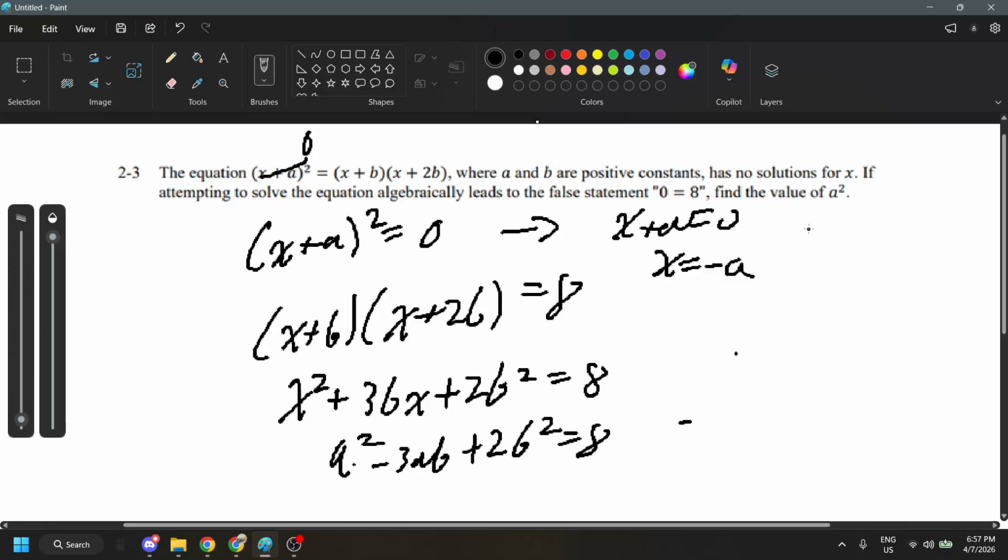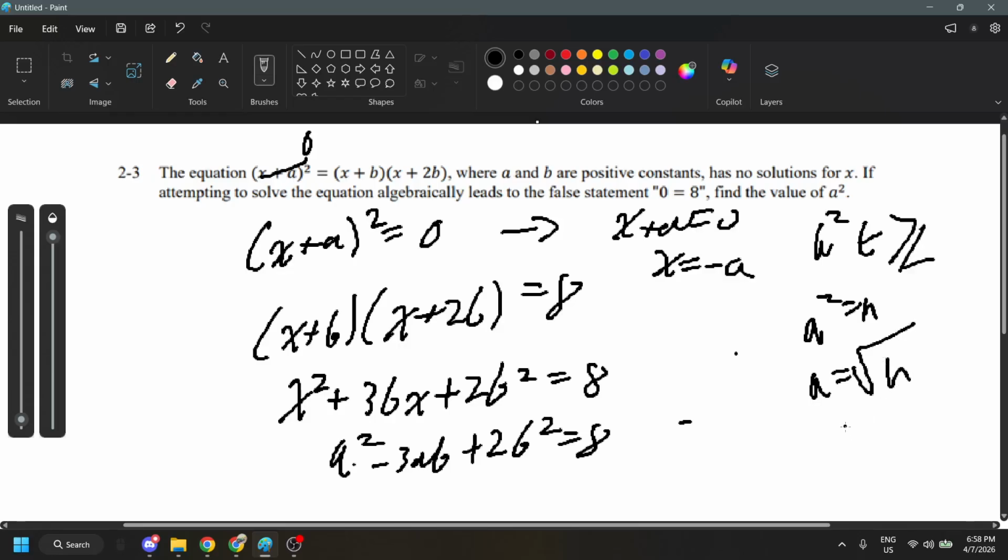I think that's at least telling us that a is not a fraction, because if a squared is part of the integers, that means a squared is equal to n, so a is equal to the square root of n.